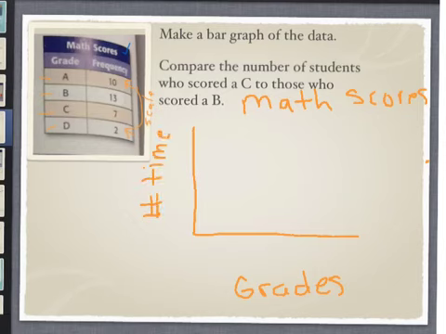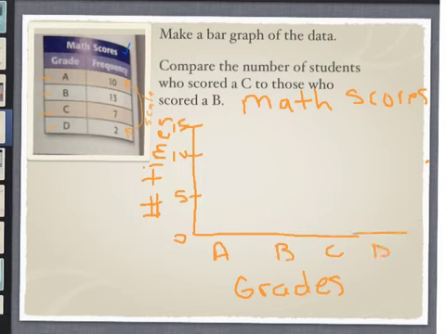Frequency is the number of times. Okay, the top number is 13, so I'm going to number up to 15, and I'm going to go by fives. So if that's 15, this would be 10, this would be 5, and there is 0. Okay, my categories A, B, C, and D.